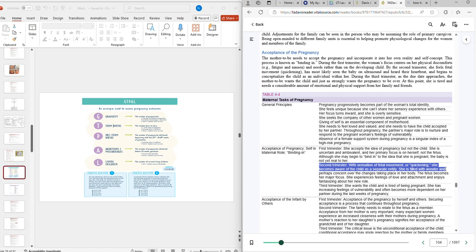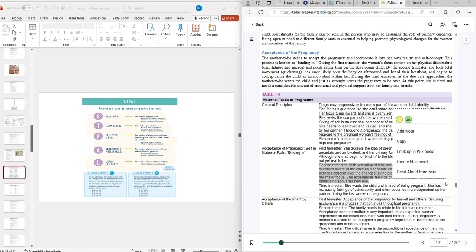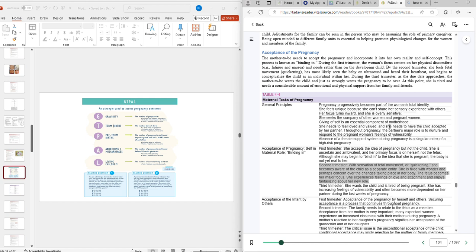Second trimester is kind of important, and this happens between 4 and 5 months, with the sensation that the baby's moving, or the quickening. Not to be mistaken with lightening, where the baby drops and settles into the pelvis. Quickening is where the baby's moving.